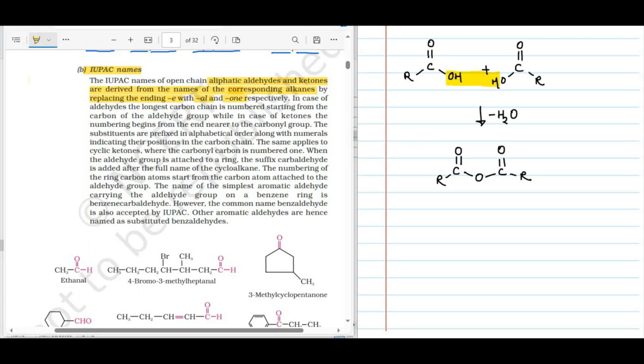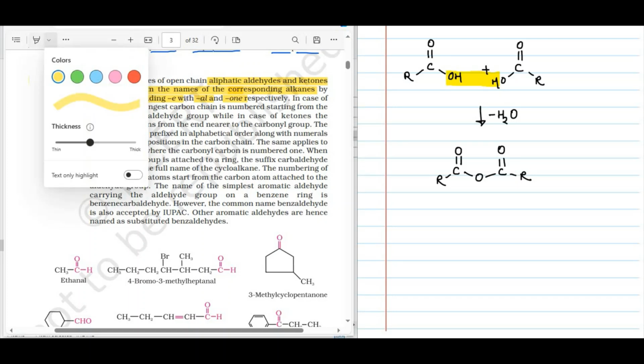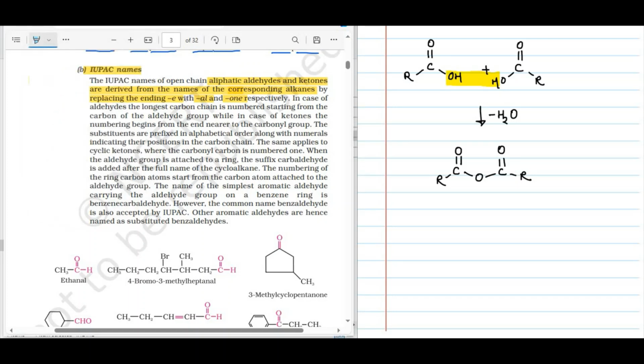In the case of aldehydes, the longest carbon chain is numbered starting from the carbon of the aldehyde group. This is the important thing that you have to remember. While in the case of ketones, the numbering begins from the end nearer to the carbonyl group.